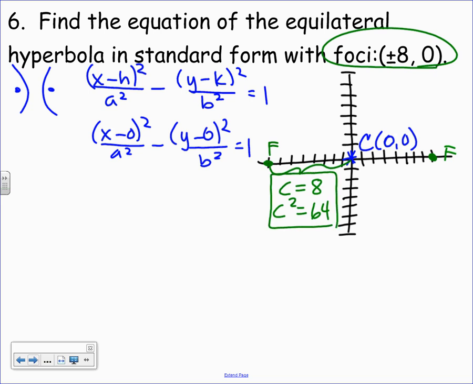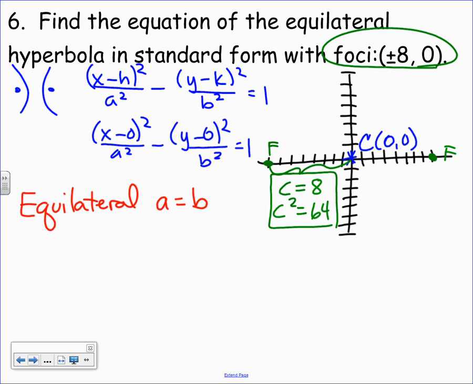What is an equilateral hyperbola? Well, we had it before, and equilateral basically means that a and b are the same. It was when we had a square, not a rectangle, in the middle of our graph. So a squared had to equal b squared.